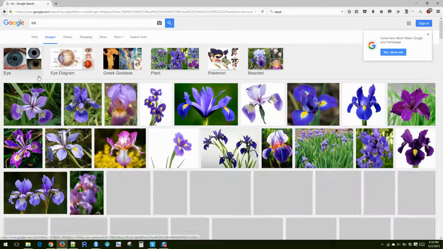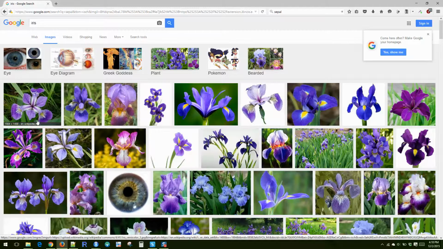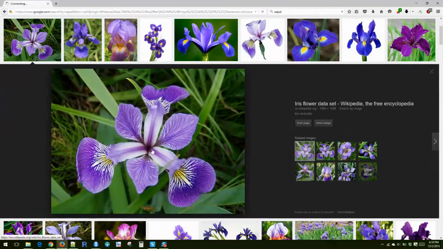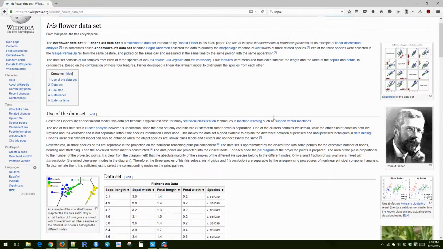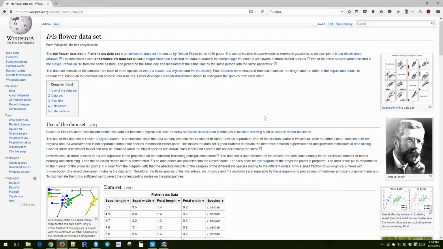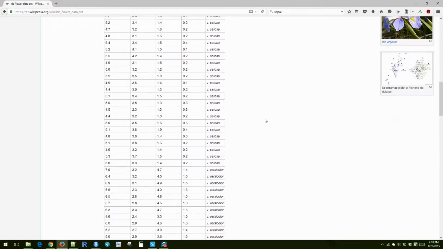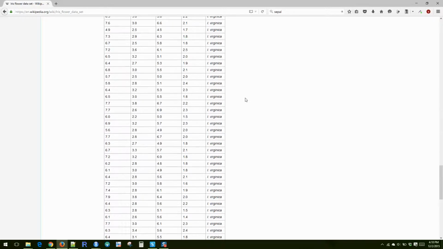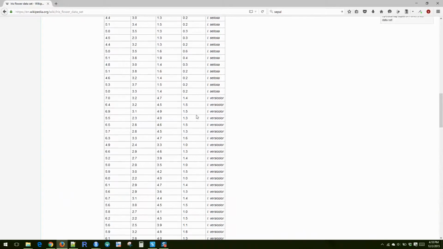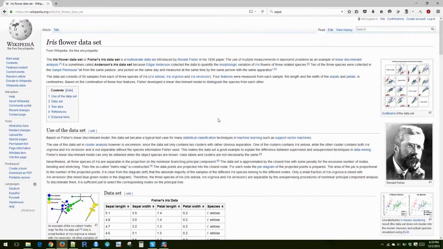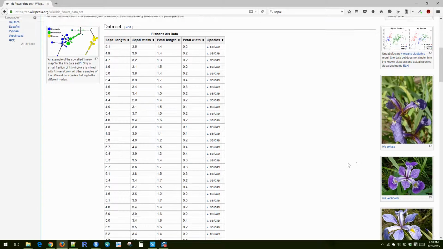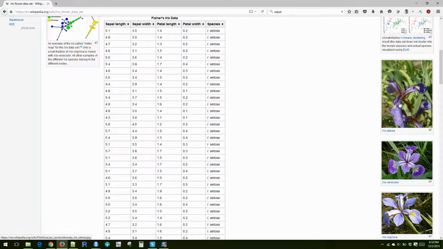Let's look up what an iris is on Wikipedia. Oh, look at that, the iris flower data set. It has its own Wikipedia page. This is amazing. All right, well, you can get this from Wikipedia, or it's already included in the data set.